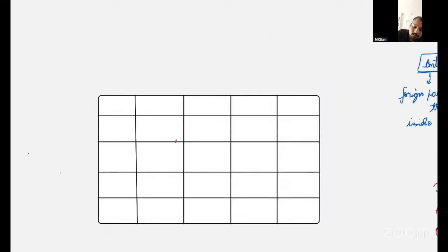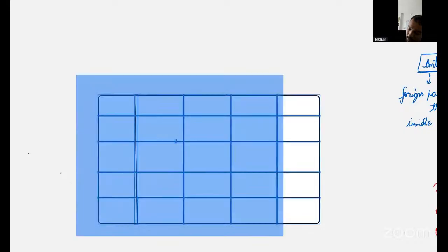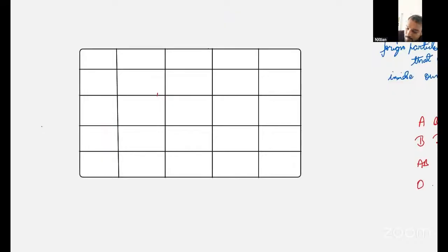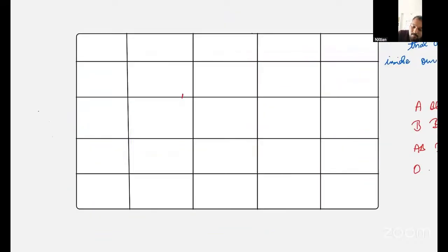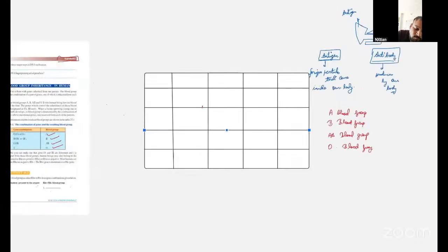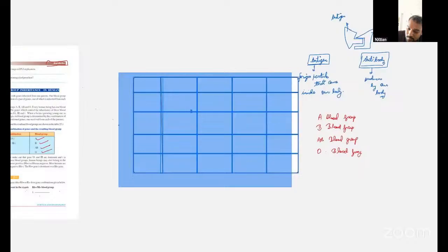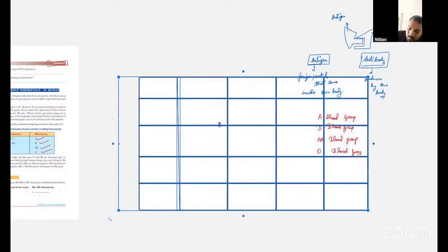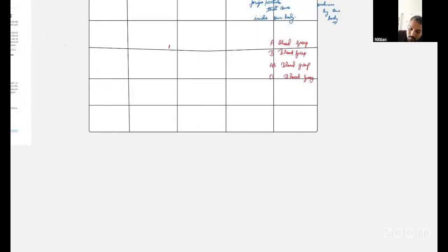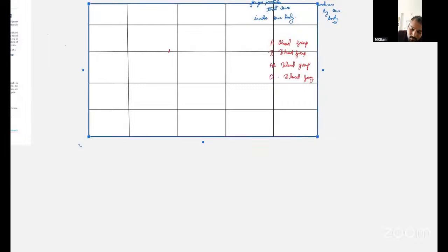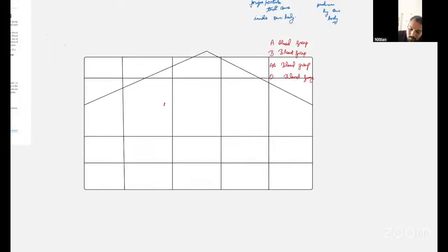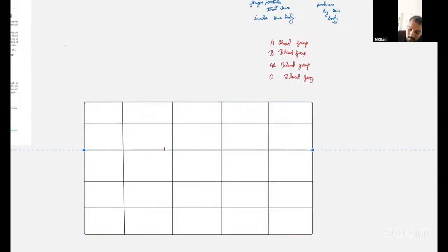I will write this down. BG stands for blood group, or shall I write it in full? I will write it in full.